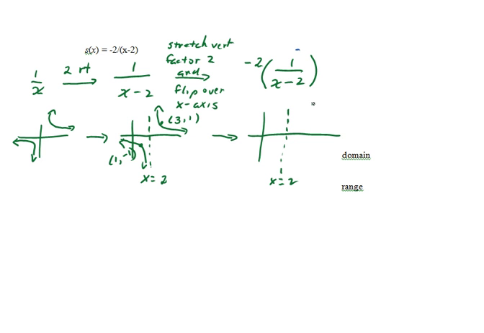And so 3, 1 will go to 3, -2. And 1, -1 will go to 1, 2.